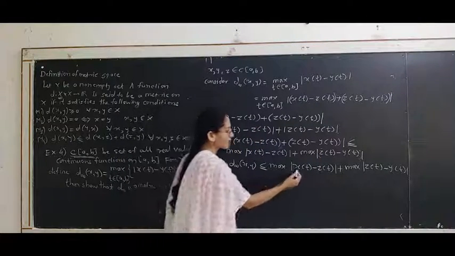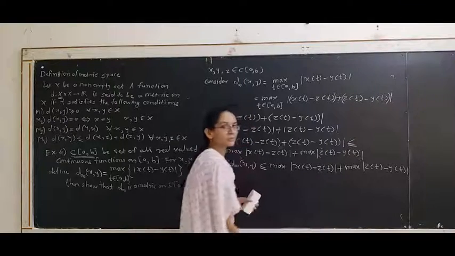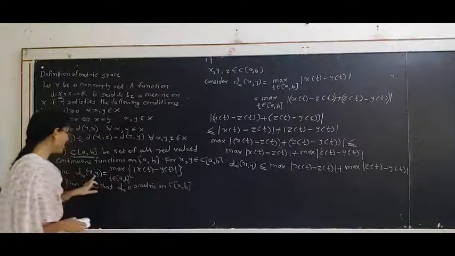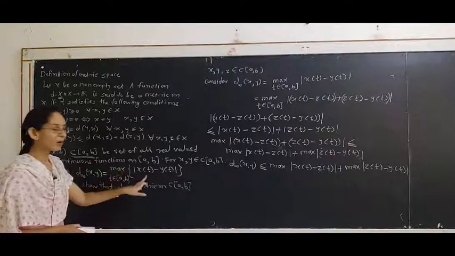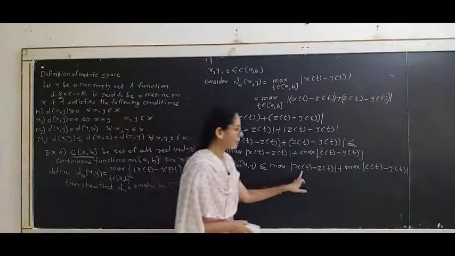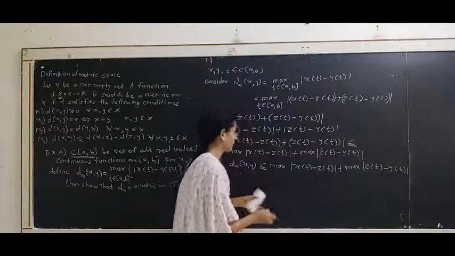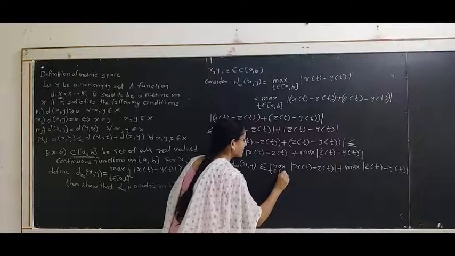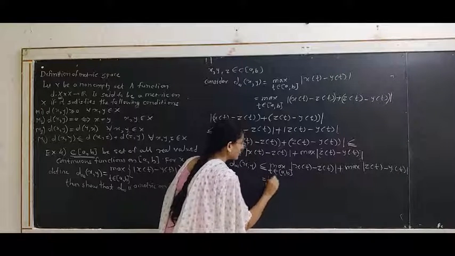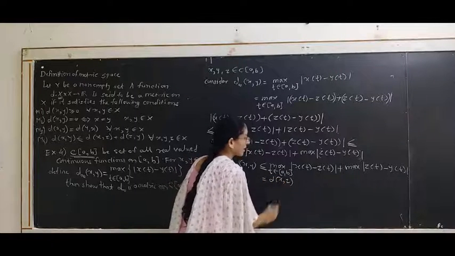This maximum of mod of x of t minus z of t is d of xz. See the definition: d of xy is the maximum of mod of x of t minus y of t. Here we have the maximum of mod of x of t minus z of t, with t belonging to the closed interval AB, therefore it is equal to d of xz.